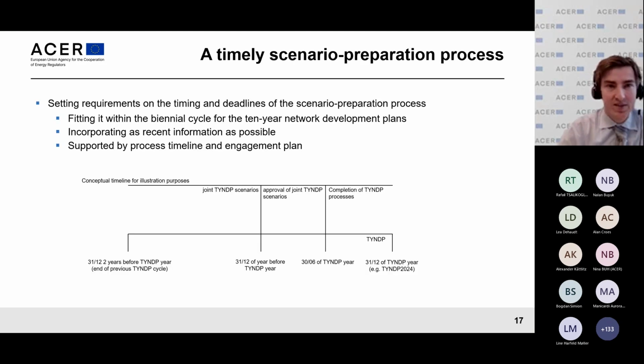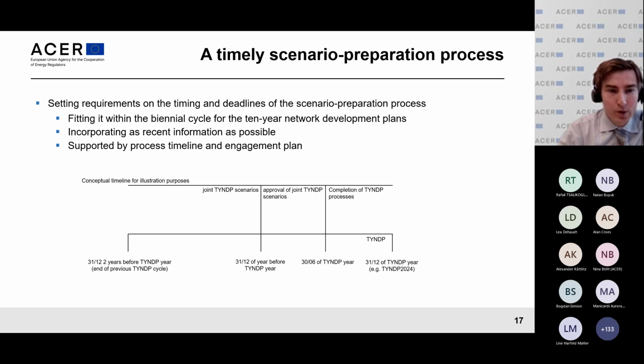So on timeliness, as I mentioned, these scenarios need to fit into the TYNDP process, which is produced every 2 years, so it needs to fit in that 2-year cycle. Now, as you can see on the timeline that I drafted just for illustration, I left it open-ended, because it would be very nice to define scenario development as a strict 1-year process, but of course that's not reality, just as the completion of the TYNDP is also not the end of the process, because the TYNDP then feeds into the PCI selection and some other assessments.